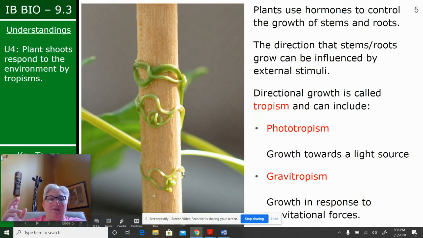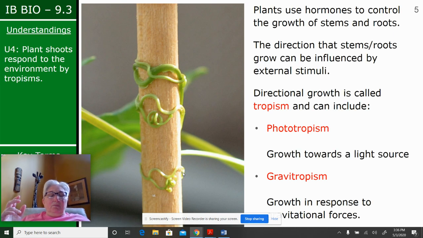And we're going to see the opposite when we talk about roots. The second type of tropism is gravitropism. And this is a growth according to gravity, right? The pull of gravity. So the stem, any growth from the stem here is moving away from the pull of gravity. It's not in line with the pull of gravity, so that would be a negative gravitropism.